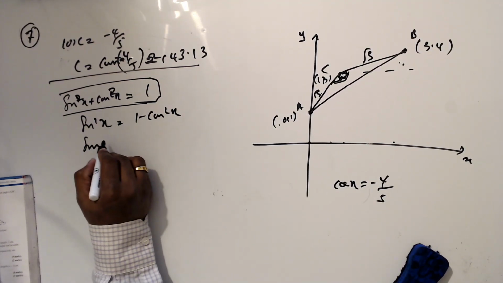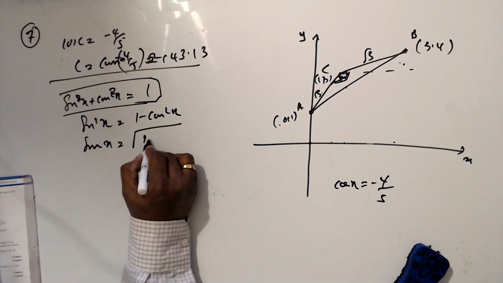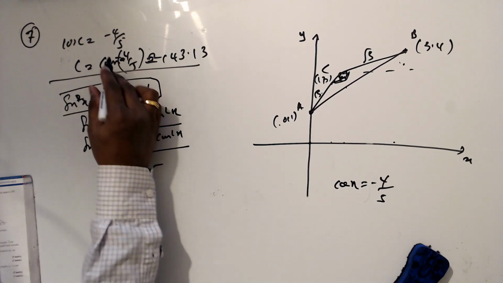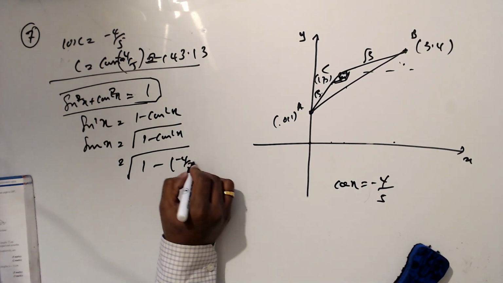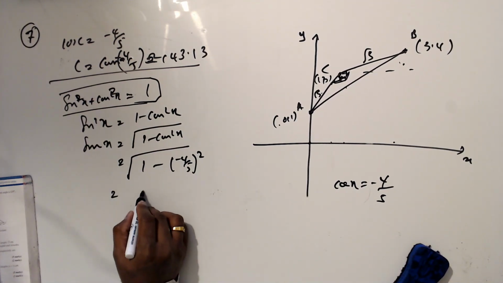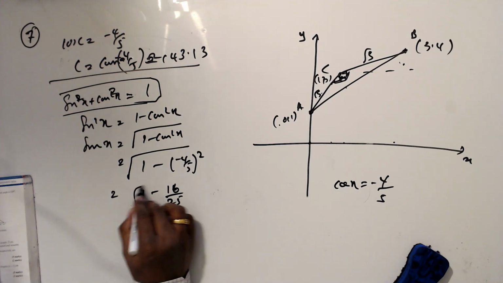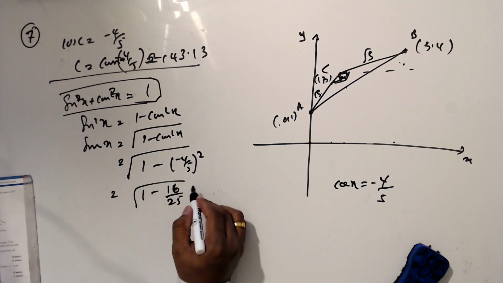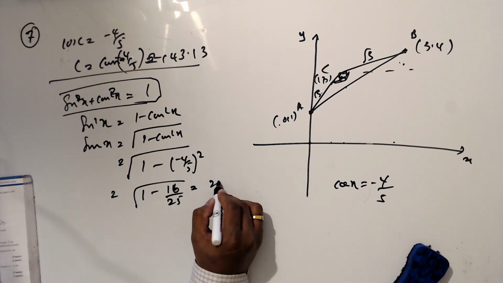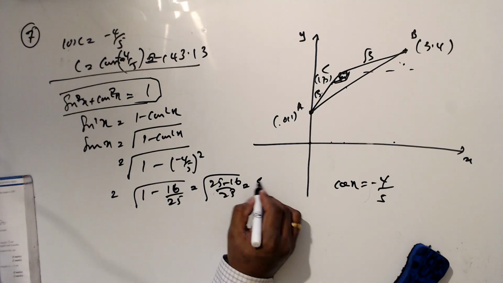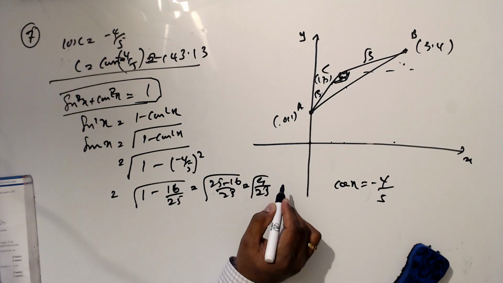So sine x equal square root of 1 minus cos square x. 1 minus minus 4 over 5 square, that is 1 minus 16 over 25. So this is going to be 25 minus 16 over 25, which is 9 over 25, square root.